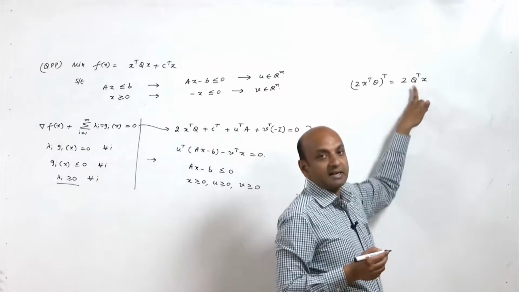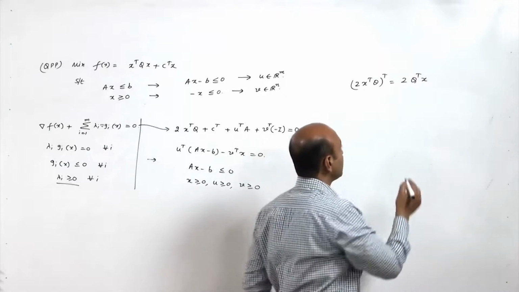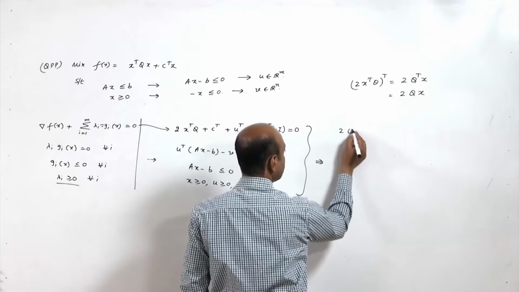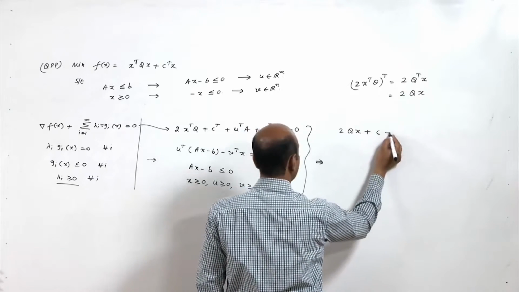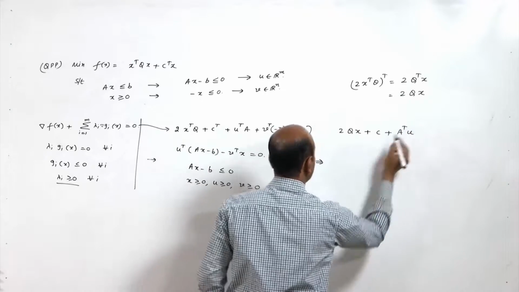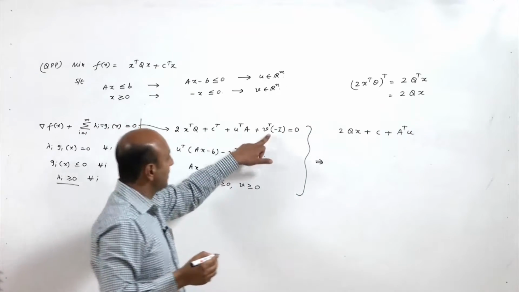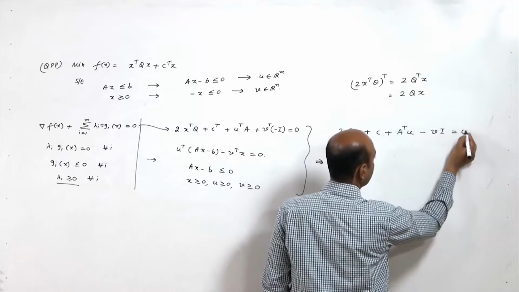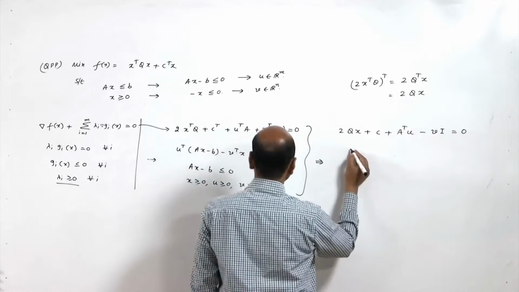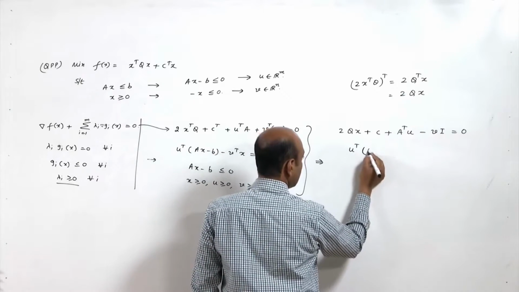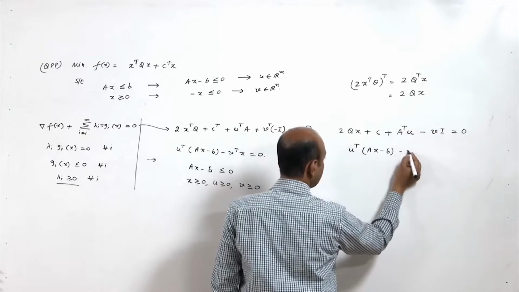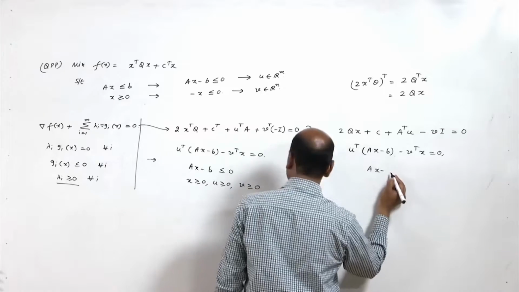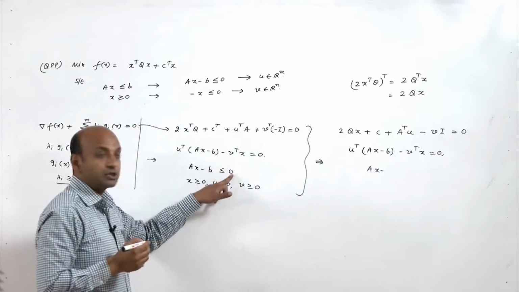Now, q is a symmetric matrix, so q transpose is q itself, so it is 2 into q into x. So, it is 2qx plus c plus A transpose u. You are taking the transpose of both sides, and the transpose of this is minus v into I, equal to 0. And you leave this constraint as it is, u transpose (Ax minus b) minus v transpose x equals 0. Now, Ax minus b is less than or equal to 0.